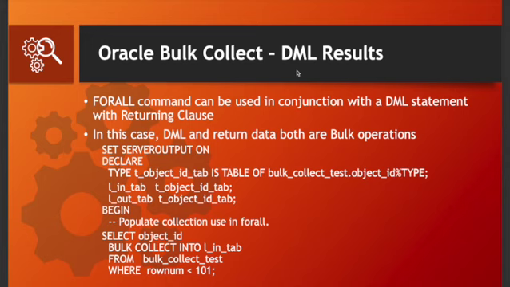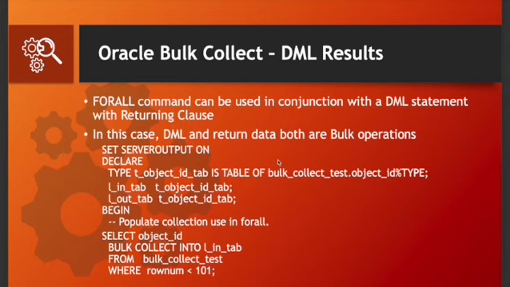Like you can see here, when we are defining the type variable, it is table of table_name.object_id%TYPE, and then we are defining variables for that type, and next we are populating the collection used in FORALL.